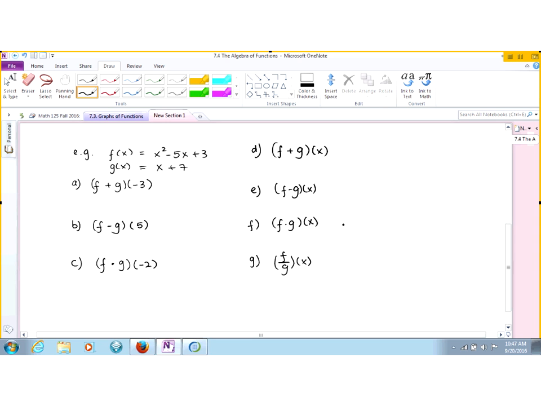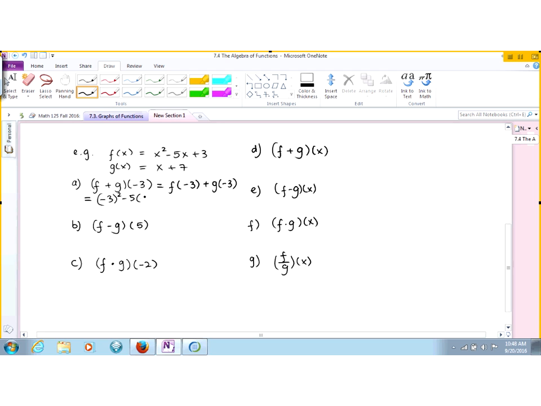So what would you do? Yeah, we write them separately first, right? So f plus g of negative 3 is f of negative 3 plus g of negative 3. All right. Yeah. What is f of negative 3? Yes.